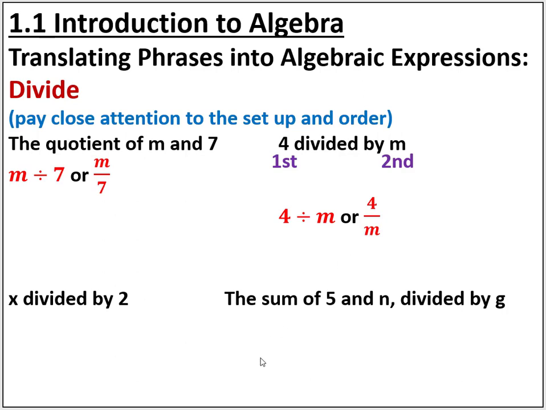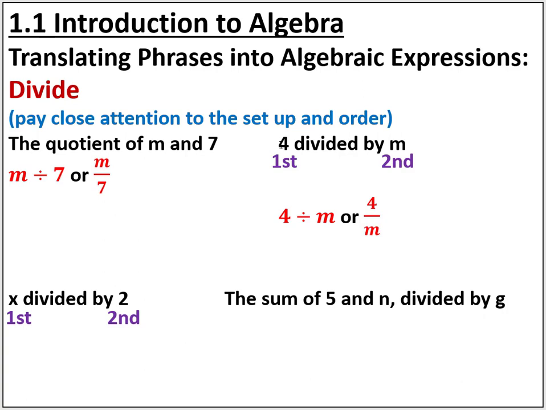Now moving on to the third example, x divided by 2. The third example is similar to the second example. Now, I switched the x and the 2, so again, just because in the second example the 4 is first, doesn't mean that the number always goes first.